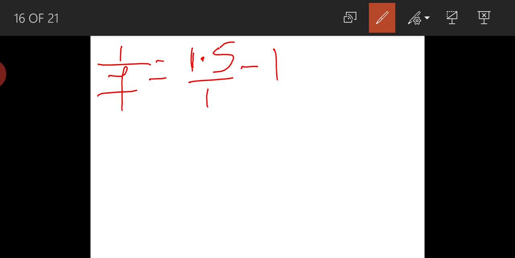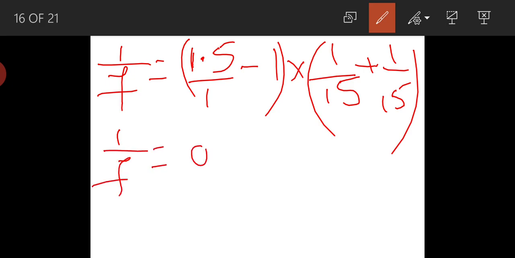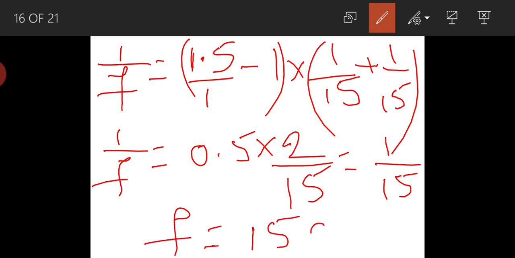So 1 by f is equal to (1.5 by 1 minus 1) into (1 by 15 plus 1 by 15), as the radii of curvature are given as 15 centimeters. So this is 1.5 minus 1, that is 0.5, into 2 by 15. So 0.5 into 2 is 1, 1 by f is equal to 1 by 15, whereas f is equal to 15 centimeters.